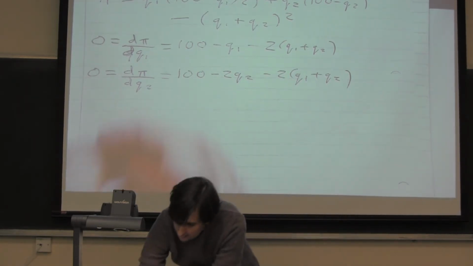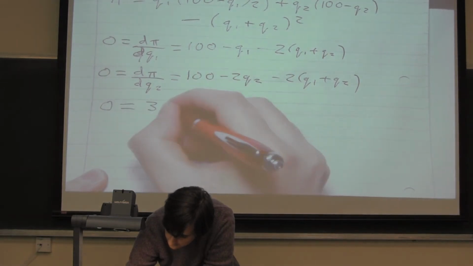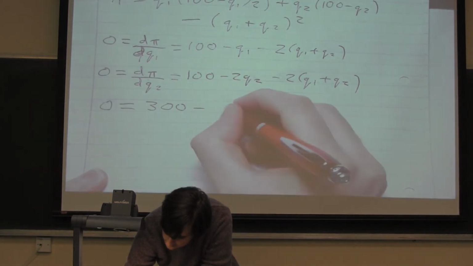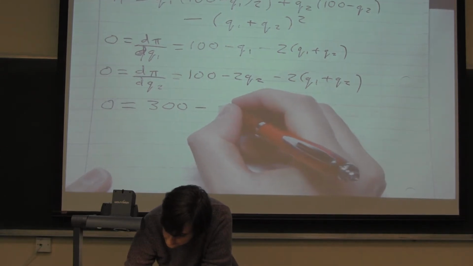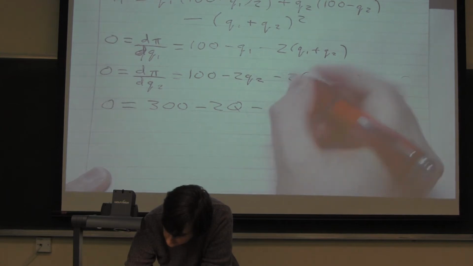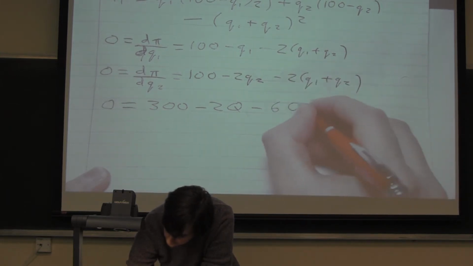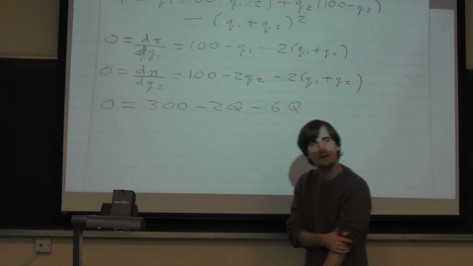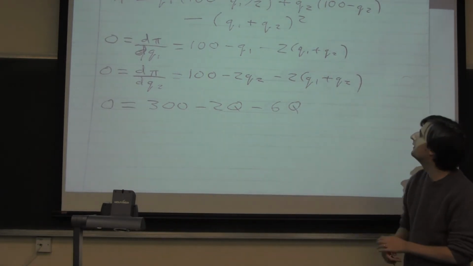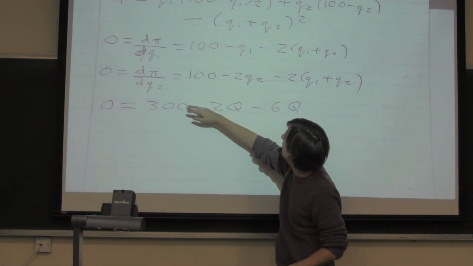Doing 2 times the first equation plus 1 times the second, we get 300 minus 6Q, so we get 4Q from here, 2Q from here, minus 6Q. Does that make sense? So we get 2 times 100 plus 100, which is 300.